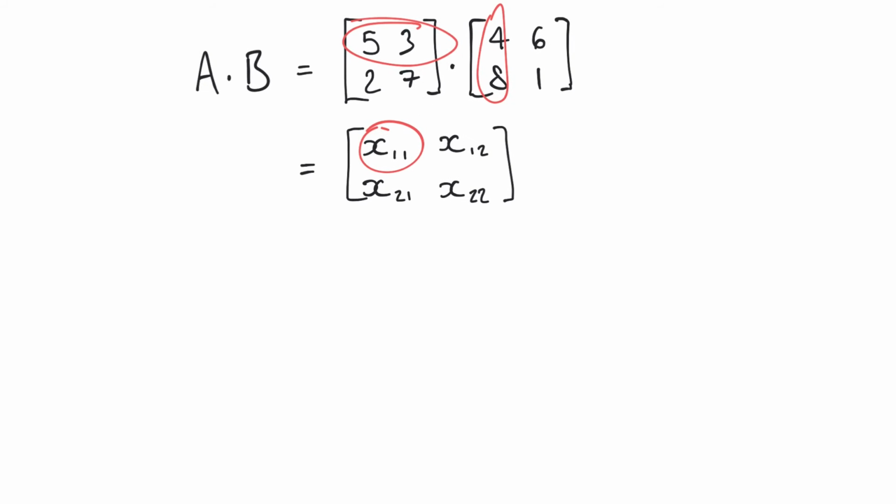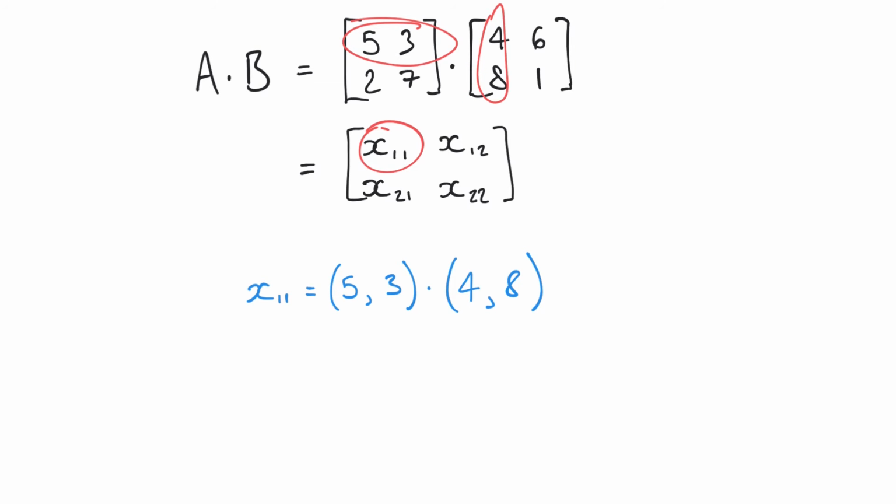We can express x11 as something like this. Here I've written the values from our first row in the first matrix, 5 and 3, and again we see the dot for the dot product. Then we've got the values for the first column of the second matrix, 4 and 8.